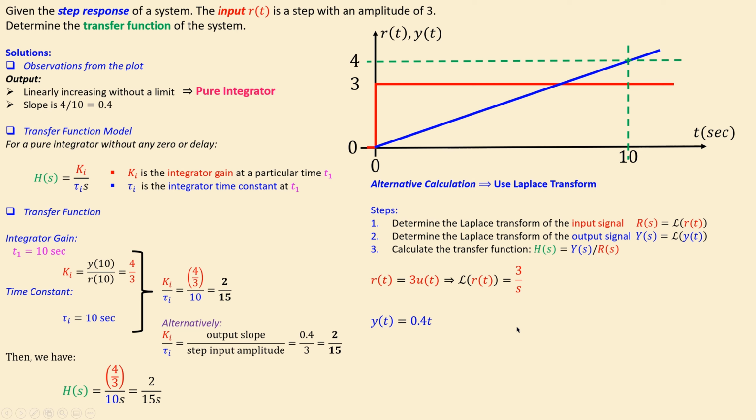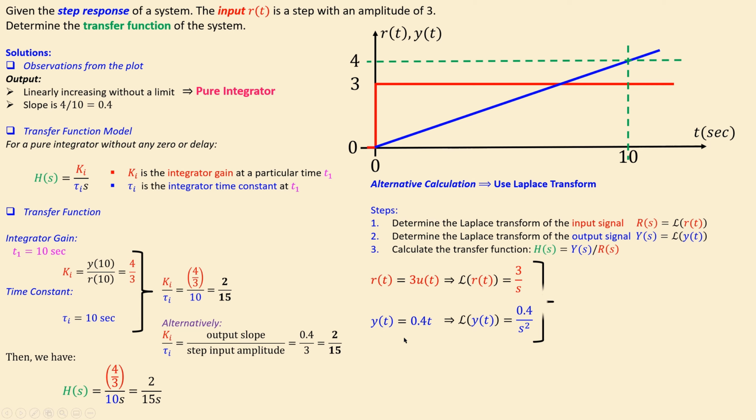That's actually the very straightforward analysis. And if you go to the Laplace transform for the output, and for this t, for example, you will get 1 over s squared, but since there's a 0.4 here, you will get 0.4 over s squared. So it's actually just the amplitude, which is not 1 but 0.4.